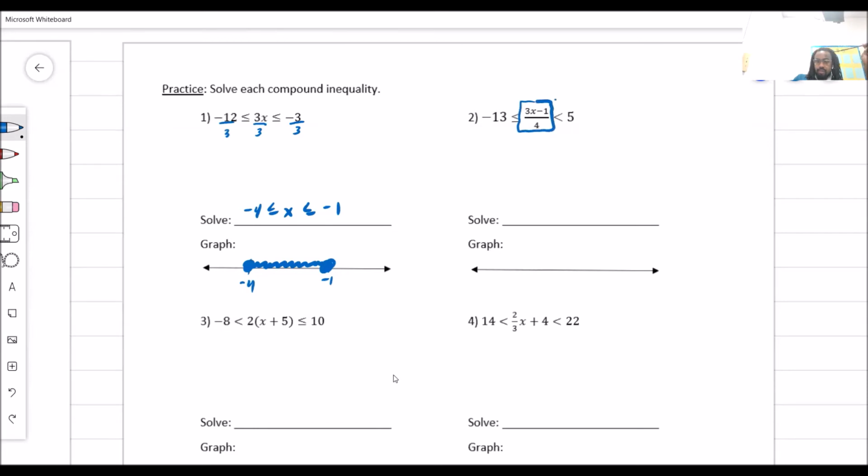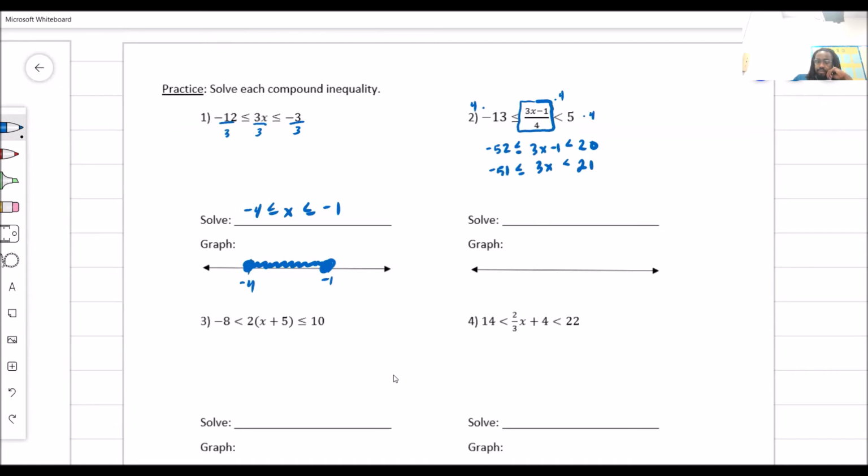My first step is going to be to multiply by 4 to get rid of that fraction. So on this left side, I have negative 52 is less than or equal to 3x minus 1, which is less than 20. Then I'll add 1 to every side. So I have negative 51 is less than or equal to 3x, which is less than 21.